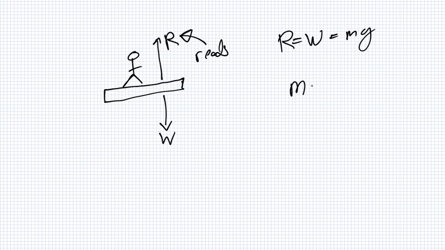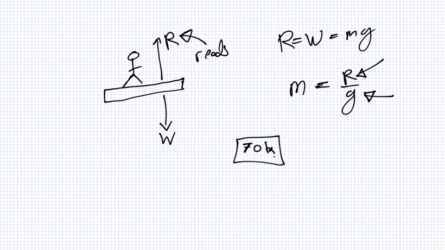So the mass you see on the scales will be R over g. The weighing scales can read this, divide it by 9.81, and display what your mass is on the screen. However, if R is bigger than W, then it will think the mass is bigger.